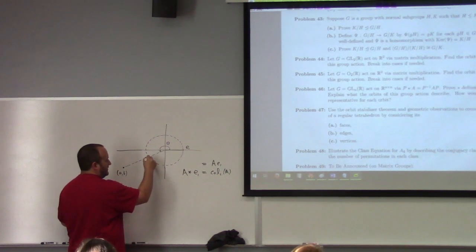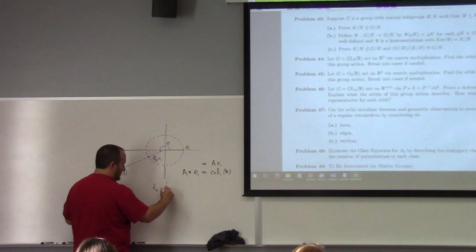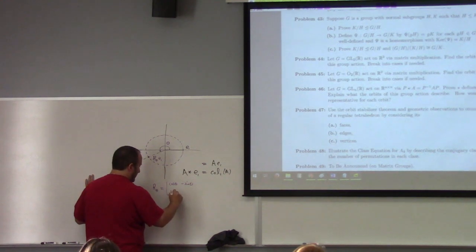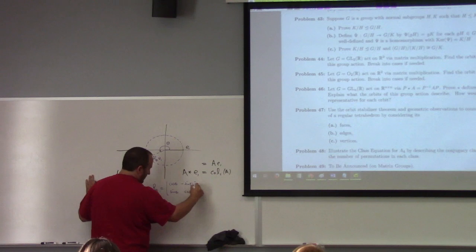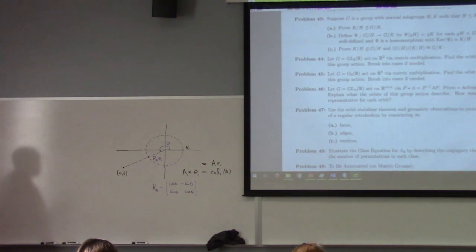That would give us this point over here, R_theta E1. Now R_theta is cosine theta, minus sine theta, sine theta, cosine theta. That's the rotation by angle theta. That moves E1 over to R_theta E1. That's definitely an invertible matrix, by the way.